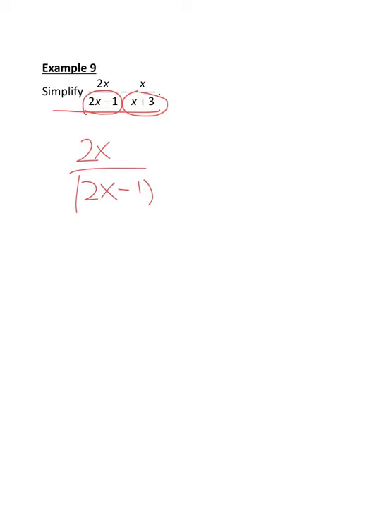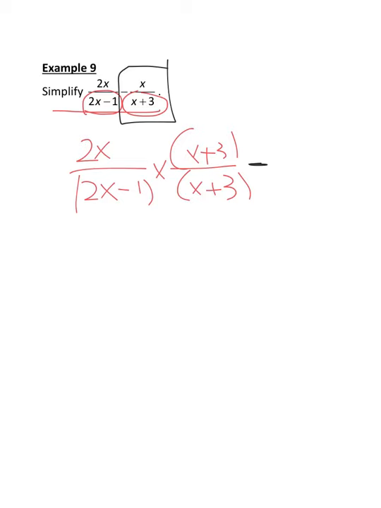For example, for the first one we multiply both the numerator and the denominator by x plus 3. And for the fraction at the back, the negative x over x plus 3, since it is a subtraction, we multiply this fraction by 2x minus 1 for both numerator and denominator.